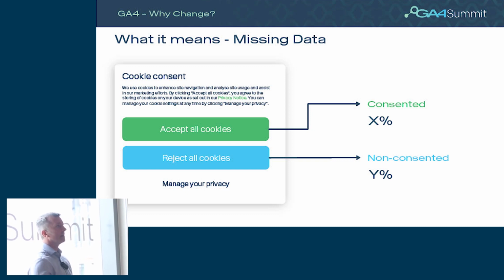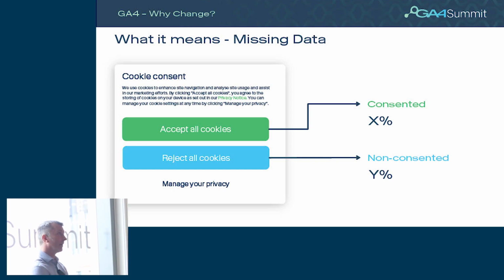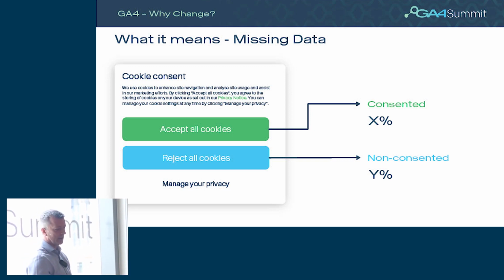I've seen between 10 and 20%, 10 and 70% of data lost, depending how you go about asking for that consent. But you don't know what that is. And the way people have traditionally dealt with this problem is by knowing you've sold 100 things and seeing 80 things, and you uplift everything in GA, and it's far from ideal.